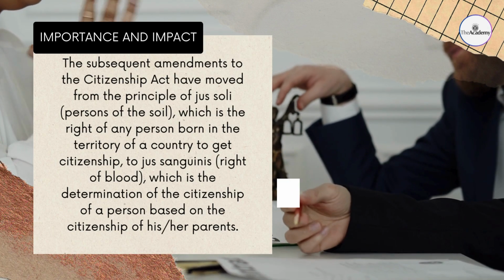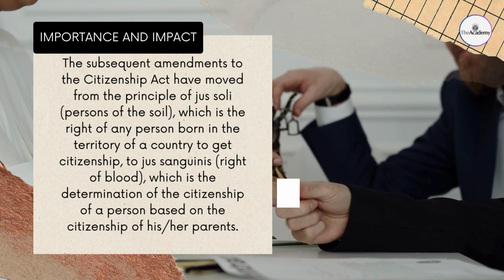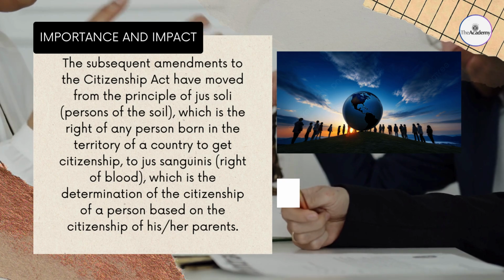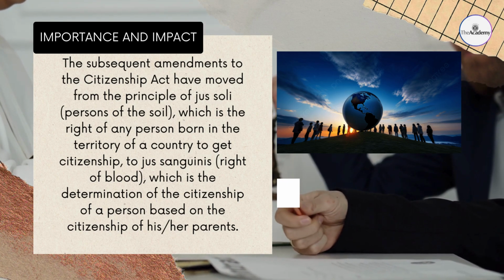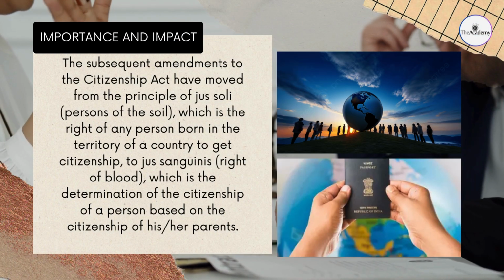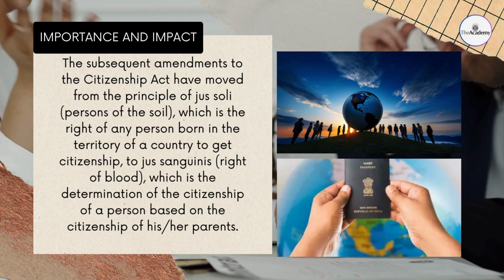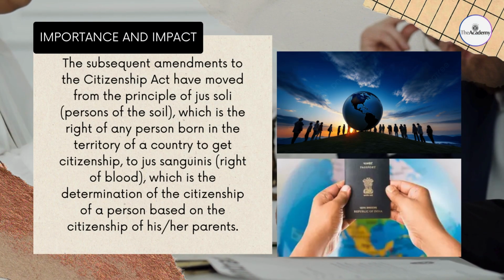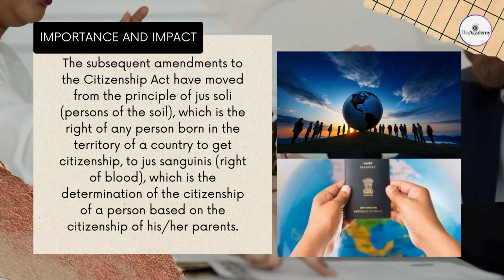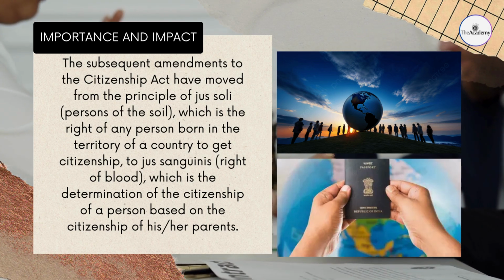The subsequent amendments to the Citizenship Act have moved from the principle of jus soli, that is, persons of the soil, which is the right of any person born in the territory of a country to get citizenship, to jus sanguinis, that is, right of blood, which is the determination of citizenship of a person based on the citizenship of his or her parents.